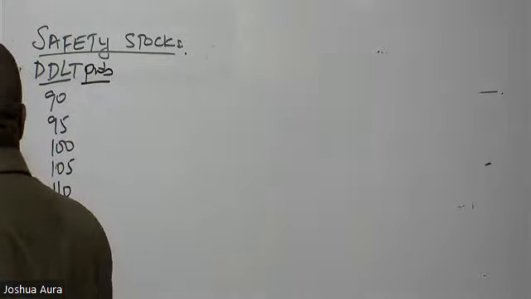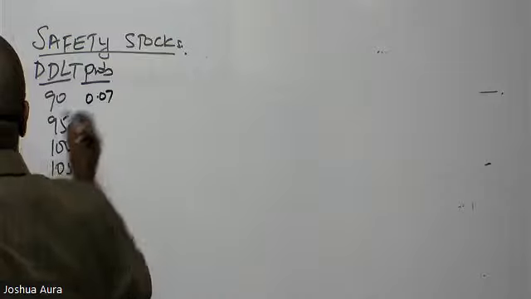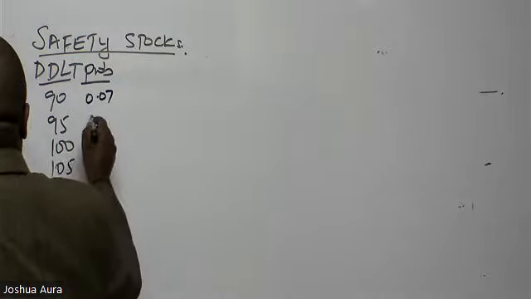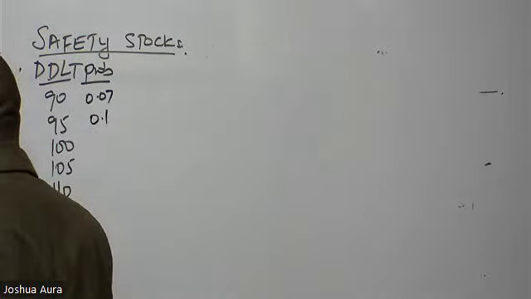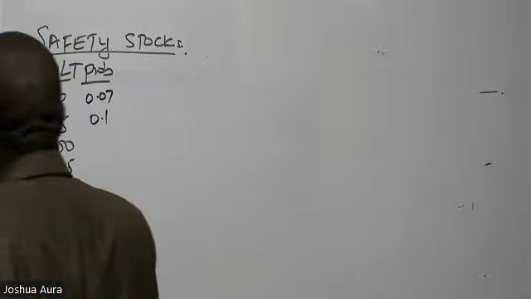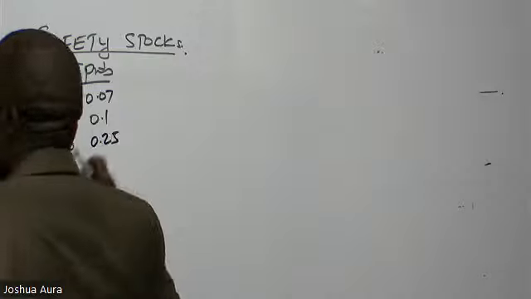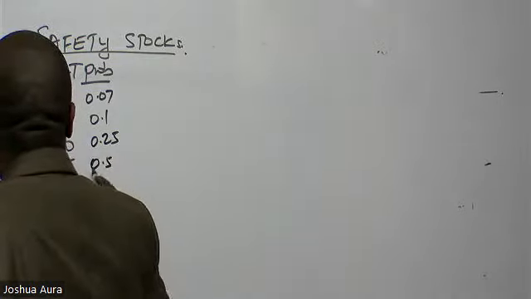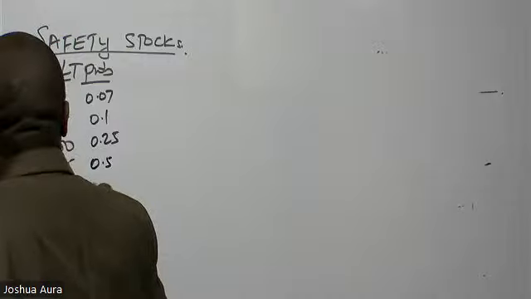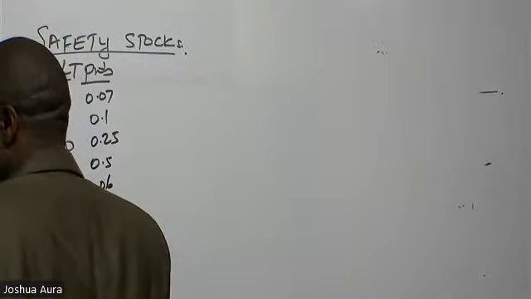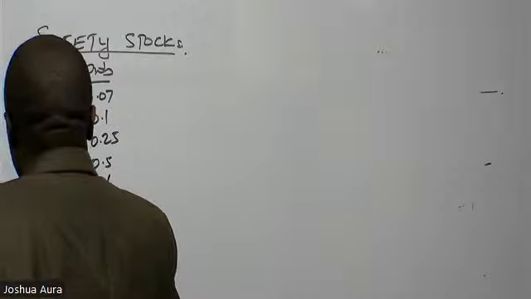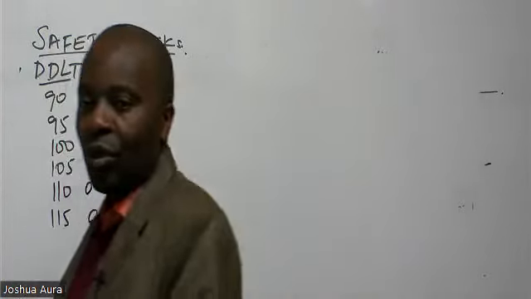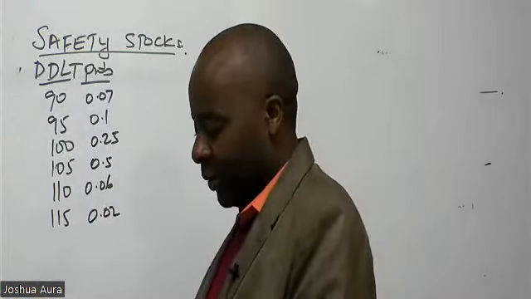Probabilities, we have 0.07, 0.1, 0.25, 0.06, 0.02. So probabilities have been given.